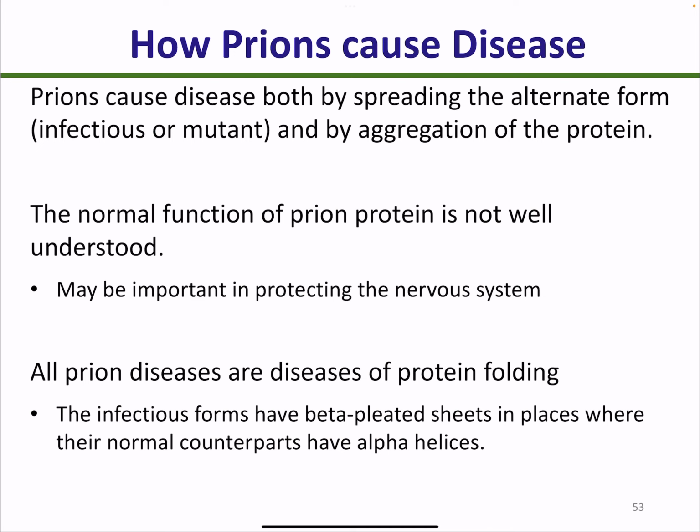Prion diseases can spread within the body, and they can spread between organisms, right? That's why you cannot consume a cow that has the mad cow disease and hope to be fine at some point, right?